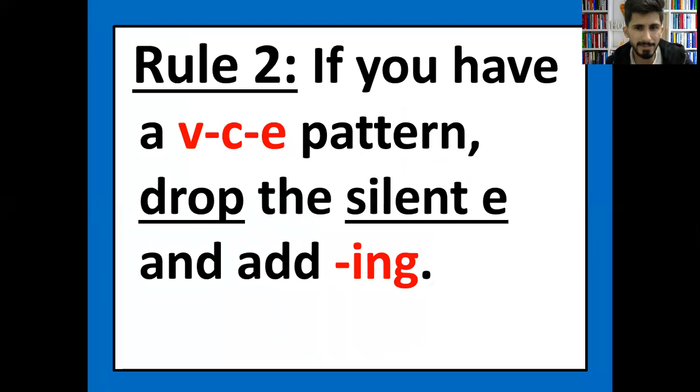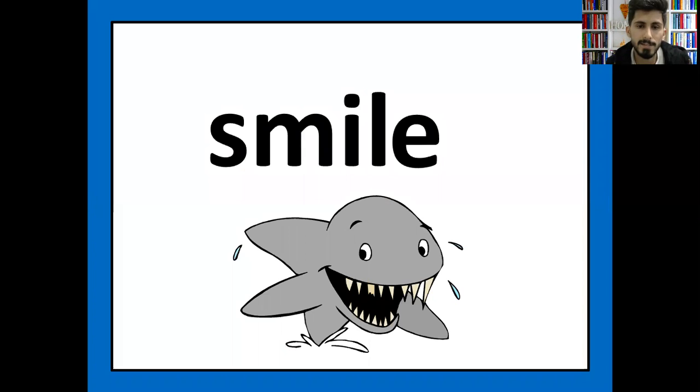It's just the same. We drop letter E, which is silent, meaning we delete it. Then we add ing, just as we did with ed. Take a look at these examples. Look, you've got smile, smile. The letter E at the end of the word smile, we don't pronounce it.